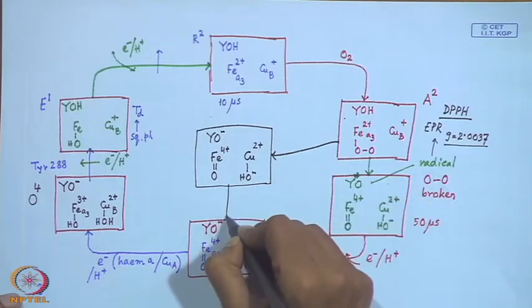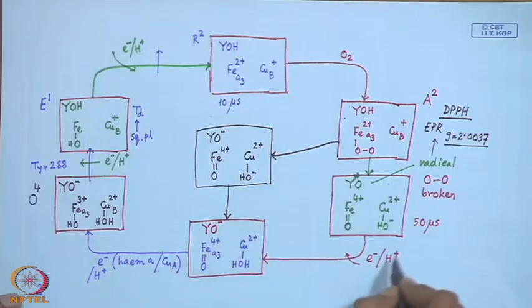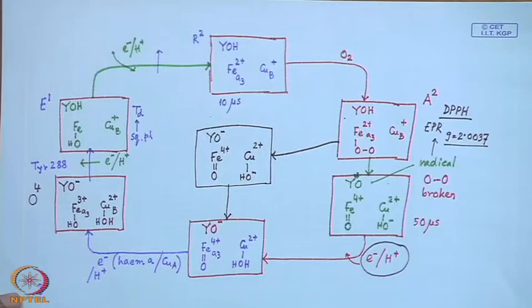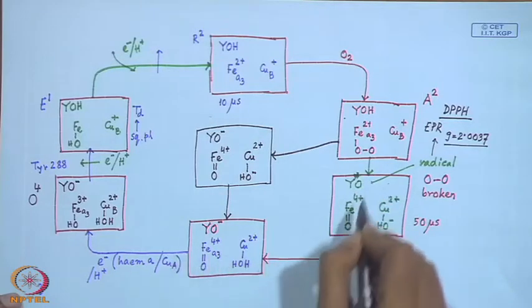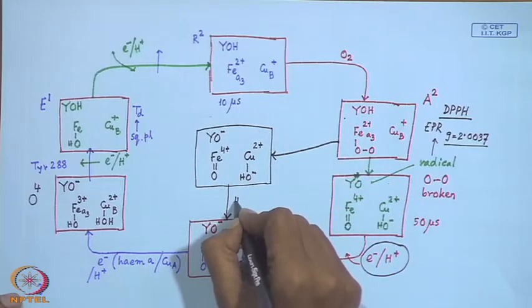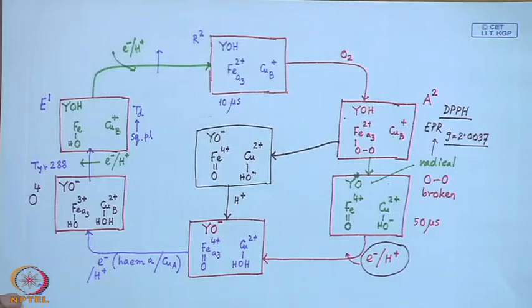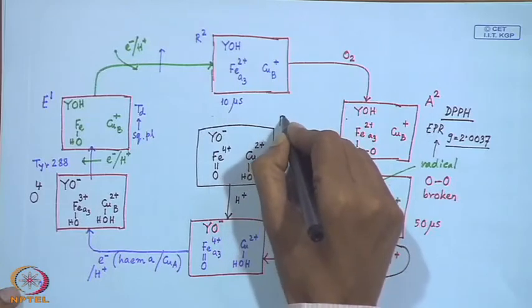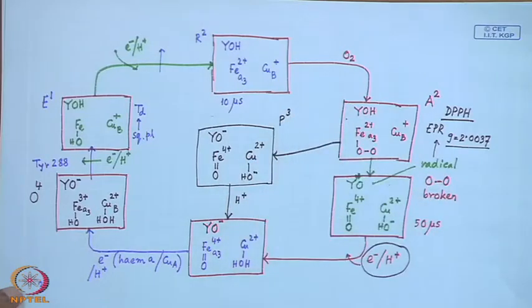This extra step for electron transfer is not required. When we avoid this path, we simply go for proton addition, and this proton addition will convert this copper to a copper water species, and this particular form is known as P3.